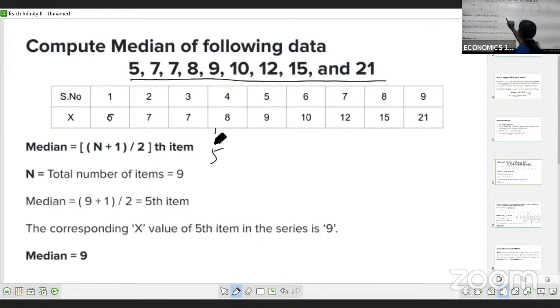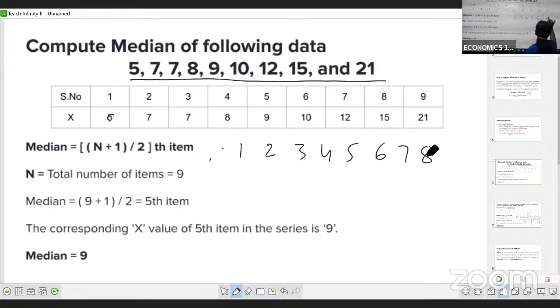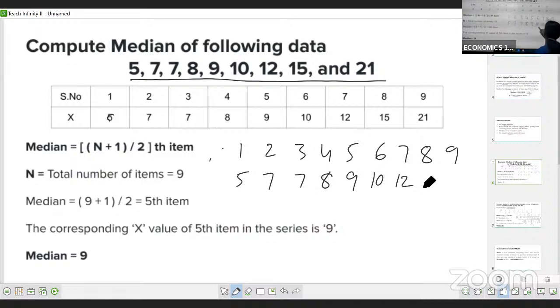Write those numbers. 1 for 5, 2 for 7, 3 for 7, 4 for 8, 5 for 9, 6 for 10, 7 for 12, then 15, then 21.